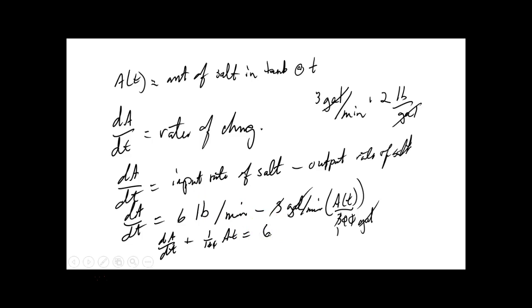Later we'll see why they wrote it this way. This is the standard way to set up a linear differential equation. And by the way, is this a linear differential equation? Yes, it is. That's to the first power, that's to the first power.